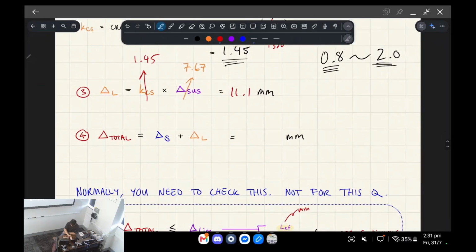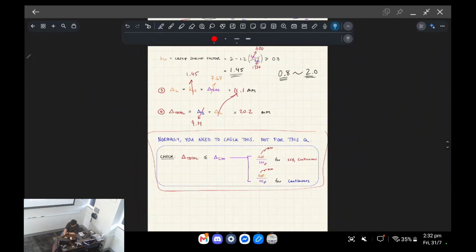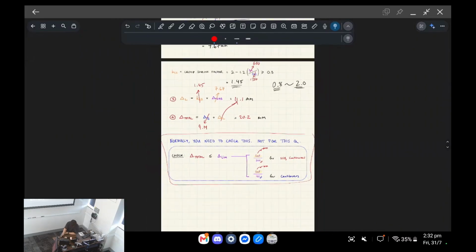Okay, and then your total deflection is basically just going to be this value added on to the short-term deflection, giving us 20.2 mm. Okay, so that's basically the end of the question, but normally you would have to compare this total deflection that you just calculated against some limit, but in this particular question we aren't asked to do that, and it's not in the solutions. Okay, that's the end of the first question.